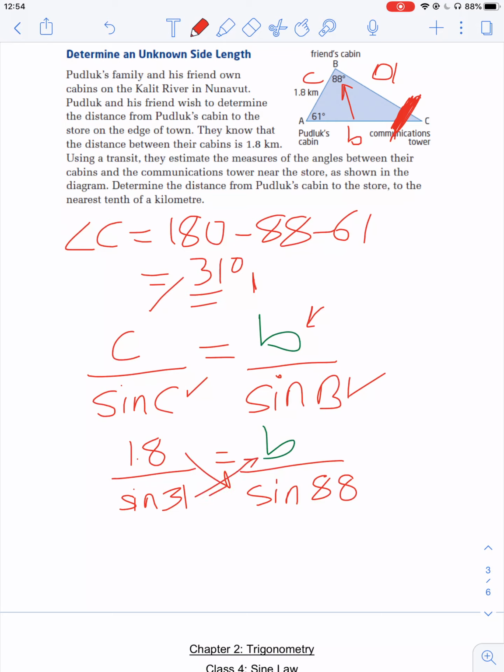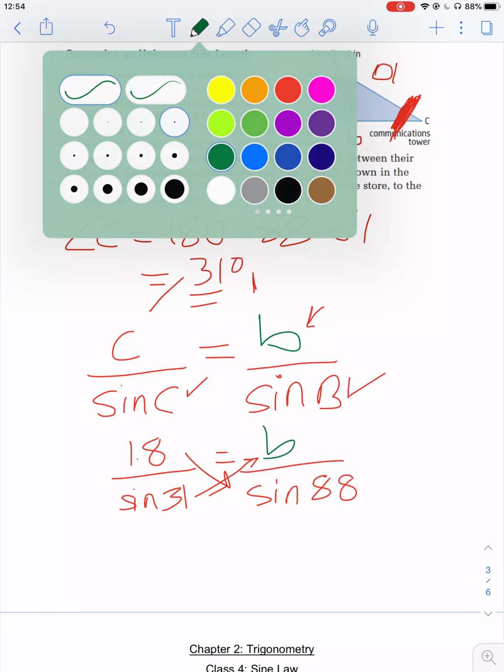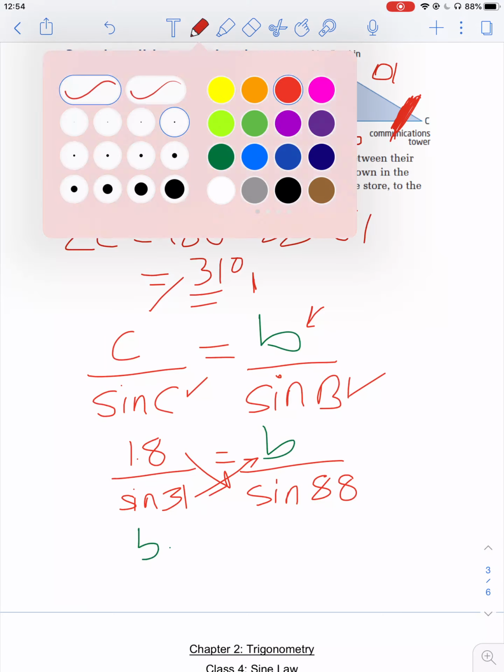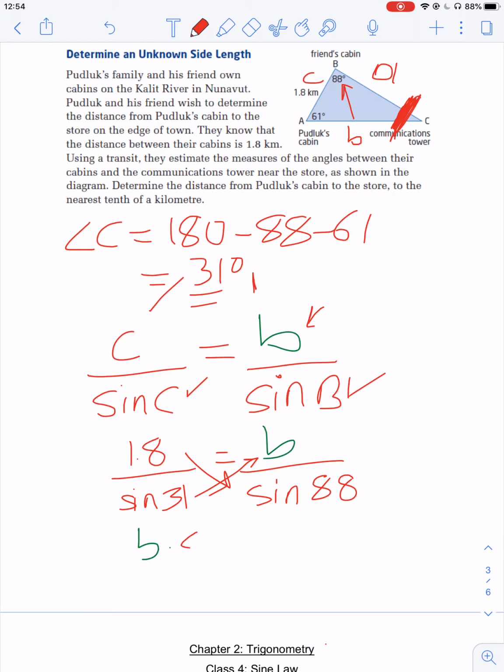So that means B, so maybe let's just be consistent with the colors, right? So B times sine of 31, so I'm gonna again do this in red. So B times sine of 31 is equal to 1.8 times sine of 88, okay?